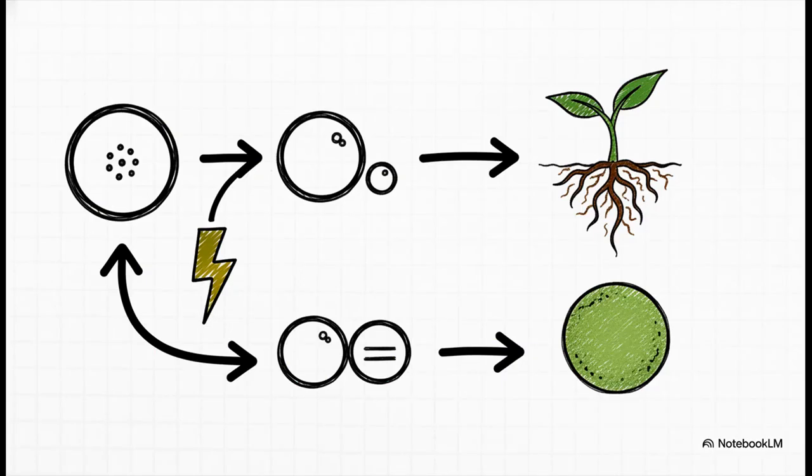Of course, sometimes there's a glitch in the code, right? And if the initial programming fails, the results are catastrophic. The very first division of a plant zygote absolutely must be asymmetrical to establish polarity, basically the top and bottom axis of the plant. In the mutant of Arabidopsis, this code fails.